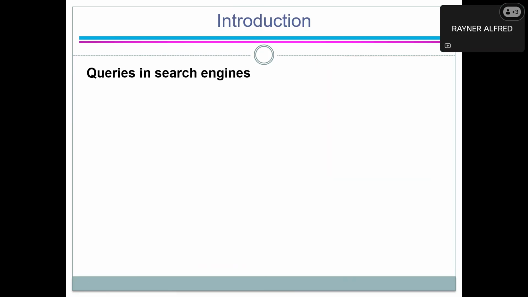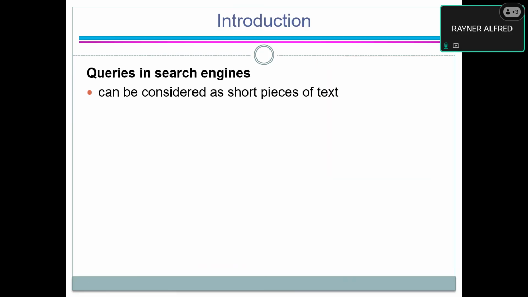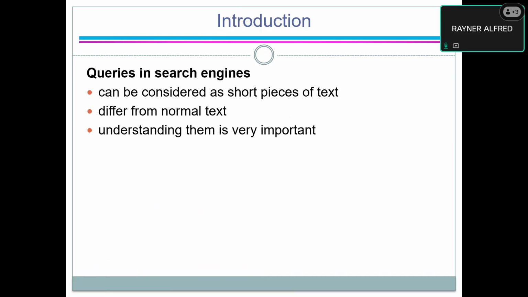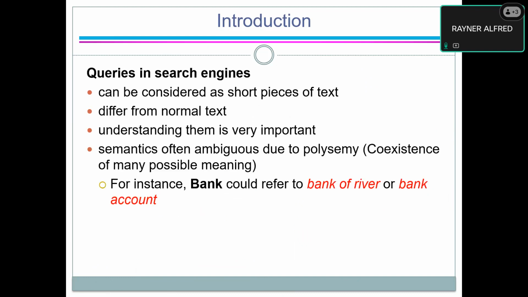Okay. So a query in a search engine can be considered a short piece of text. So it's different from normal text because in a query, we usually use short terms. Okay. So for us to present it to the system, they need to have some kind of context on how the term is being used.